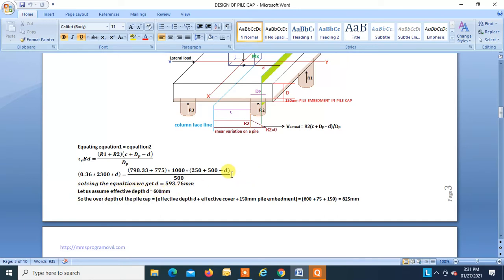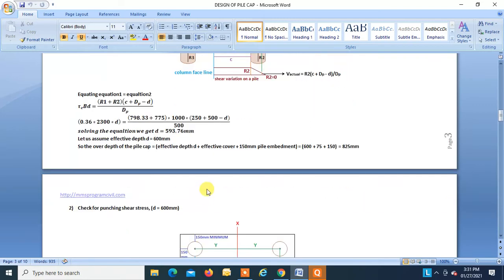So the overall depth can be taken as effective depth plus effective cover. Effective cover given to us is 75 mm. This is 600, so the overall depth for the pile cap is 675 plus 150 mm pile embedment, which gives us the total thickness of the pile cap, that is 825 mm.